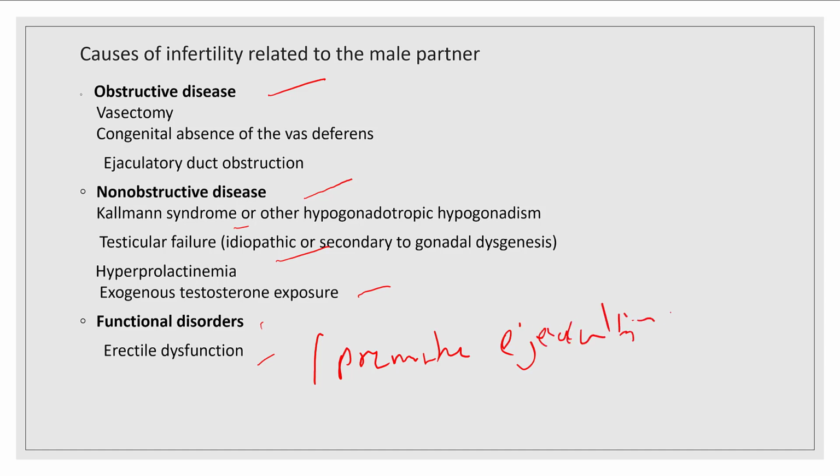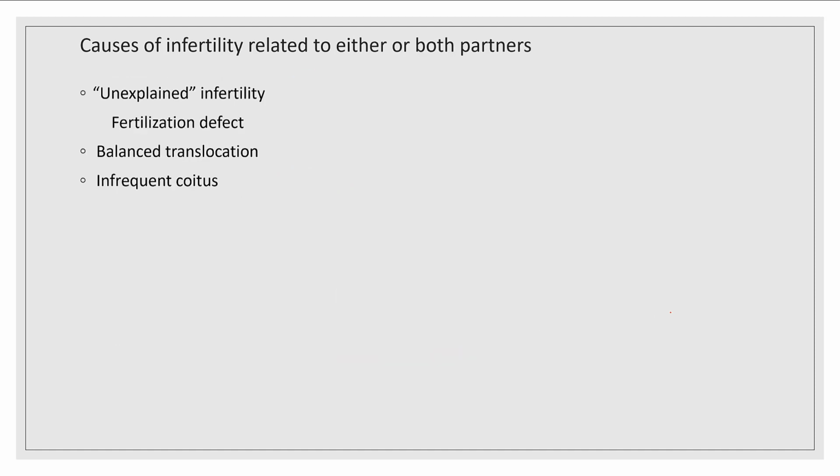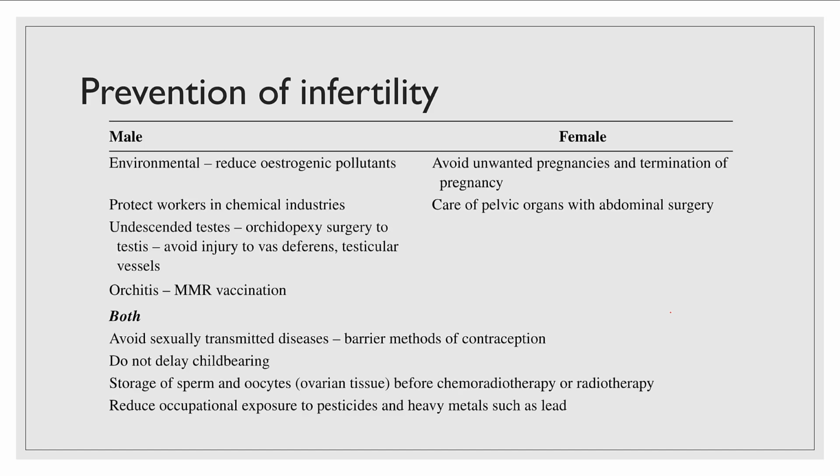Again, these are all factors. People with unexplained infertility may have fertilization defects or implantation defects, or problems with chromosomal components like translocations and other things, as well as infrequent coitus. So all these things are important when you are assessing.